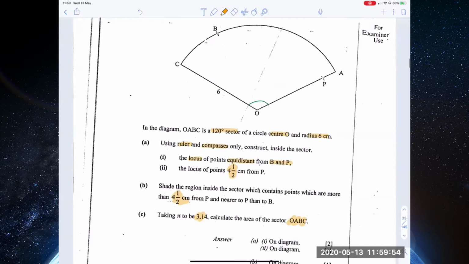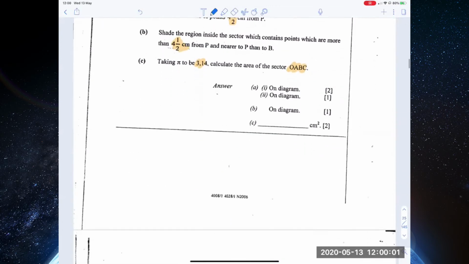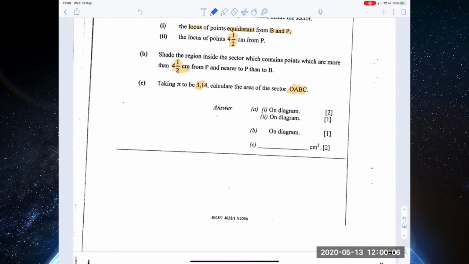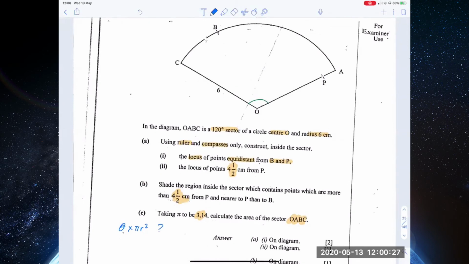So first of all, what, you don't understand it? I only know part C. Okay, the calculation. How do you do that? Theta over 360 times pi r squared. So what's theta equal to? Can you move to the diagram? 120 over 360.